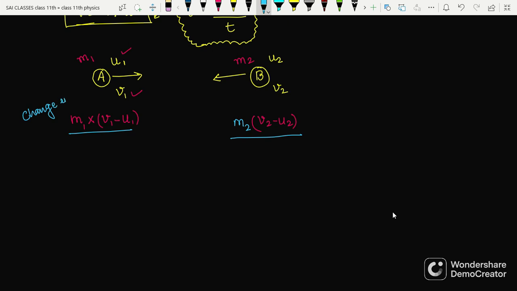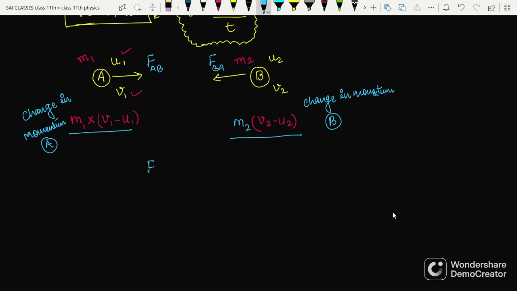Change in momentum of body A, and this is the change in momentum of body B. When these bodies collide with each other, their forces would be F of AB and F of BA. They act with equal magnitude in opposite directions.